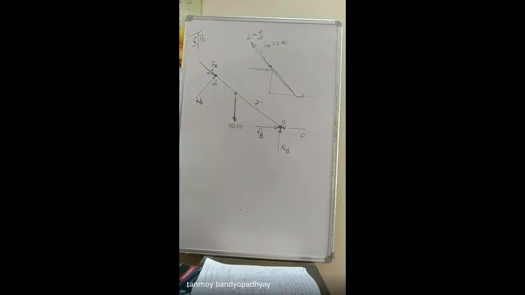You have to find out the direction of impending motion, which is along AB itself or BA itself, so friction will be acting along AB itself, not horizontally.